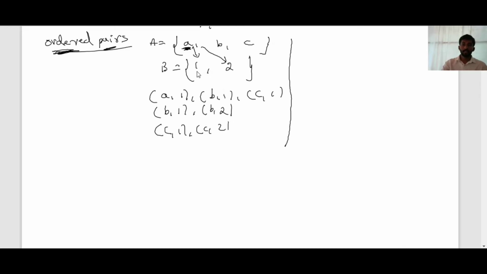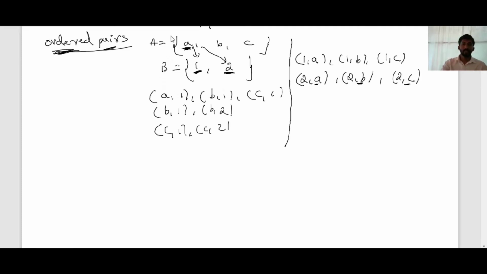Or you can pair elements of B with the elements of A. How to pair? Suppose I am taking first element 1. Then you can write (1,A), (1,B) and (1,C). Then how to pair element 2 with the set A? You can write (2,A), which is taken from the set A, similarly (2,B) and (2,C). See what's the order here?